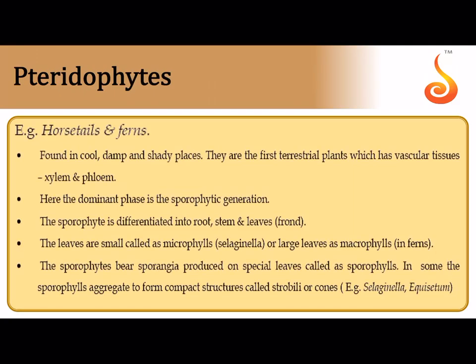Now moving on to pteridophytes. How are pteridophytes different from bryophytes? They are the first ones to have xylem and phloem. They live in cool, damp and shady places. They are also completely adapted for a terrestrial mode of life, but even though they are adapted for a terrestrial mode of life, they require water for fertilization.